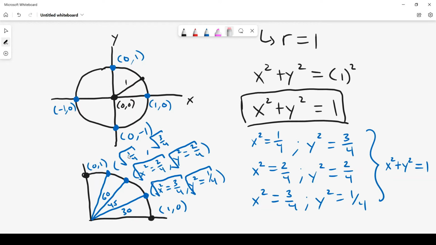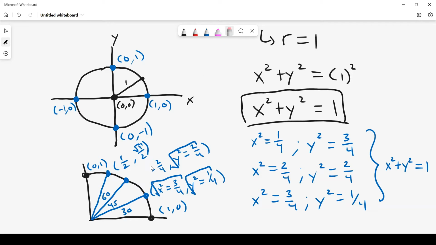So the square root of 1 is just 1, and then the square root of 4 is 2. So this will be 1/2. For over here, we do the same thing, in which we do the square root of 3 over the square root of 4, and that's the square root of 3/2.